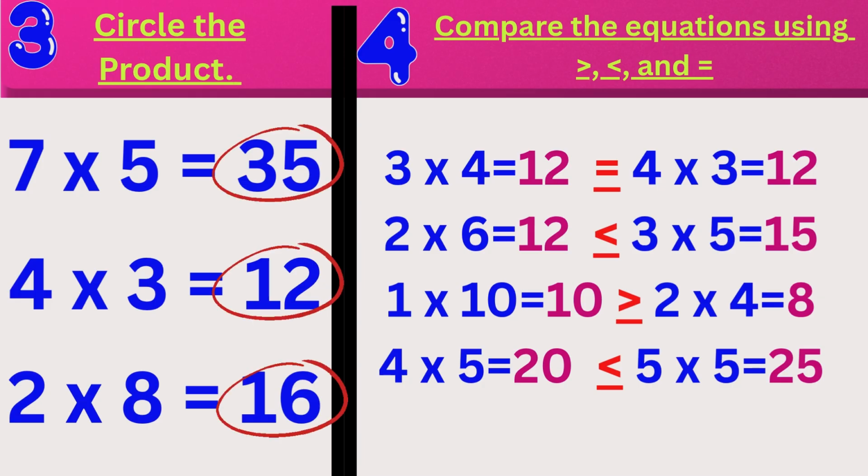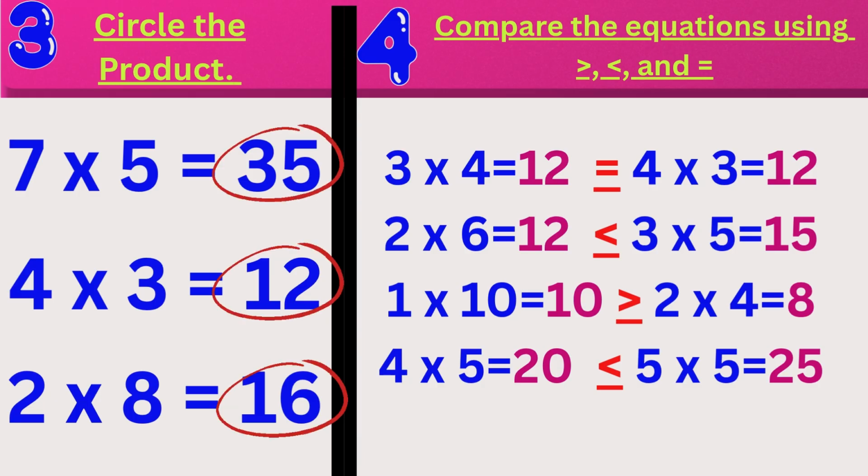Number 3, circle the product. 7 times 5 equals 35. 35 is the product. 4 times 3 equals 12. 12 is the product. 2 times 8 equals 16. 16 is the product.